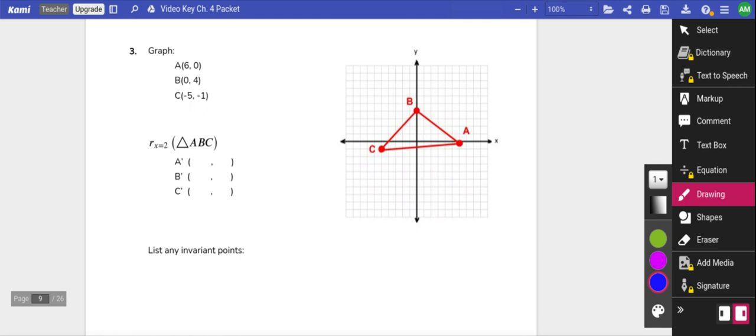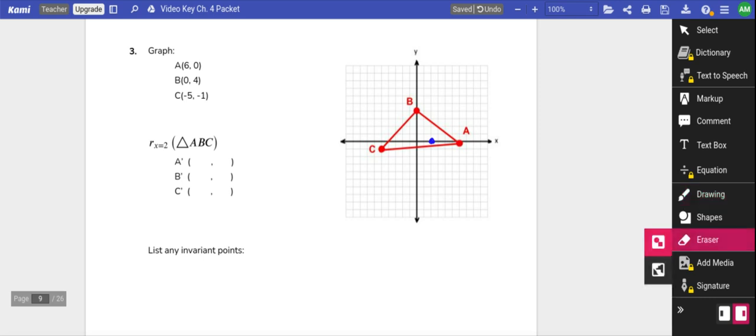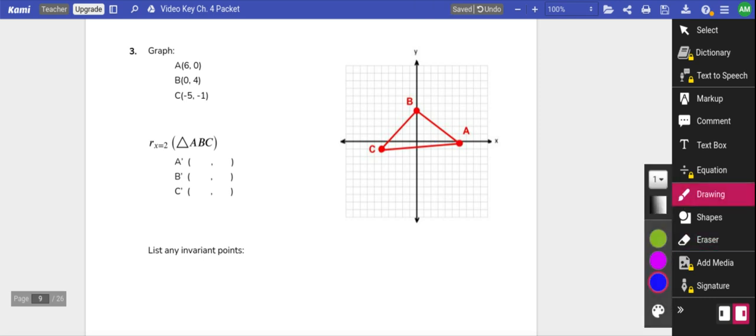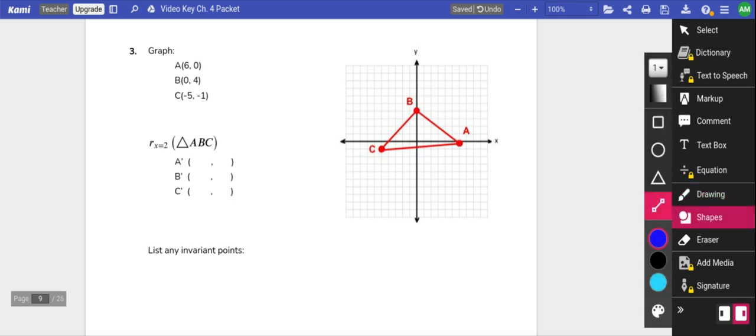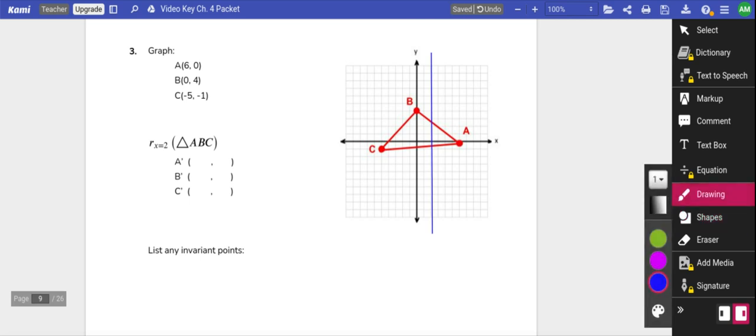So when we think about the x-axis, we know that x is 2 right here at this point, but we're not reflecting across a point, we're reflecting across a line. And the line x equals 2 is the vertical line that goes through the point where x is equal to 2. Because if I named any of the points on this line, x would be equal to 2.